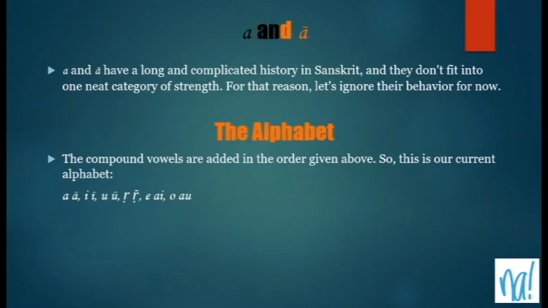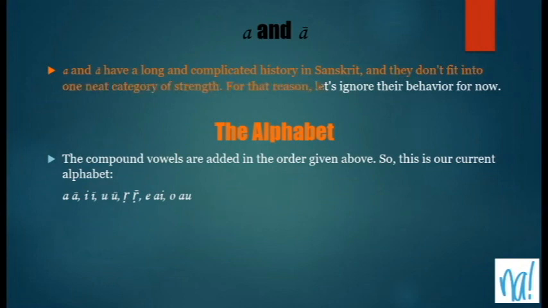The remaining vowels have a long and complicated history in Sanskrit, and they don't fit into one neat category of strength. For that reason, let's ignore their behavior for now.